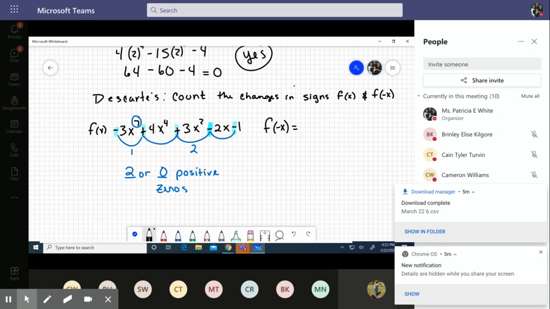So if I do negative 3 times negative x to the 7th, that's going to stay negative, isn't it? Now I've got a negative times a negative, so I change.